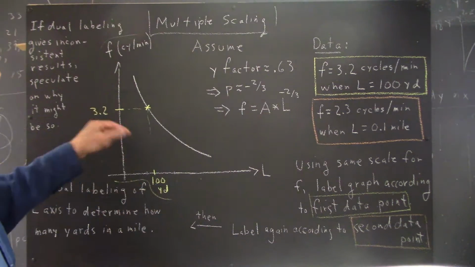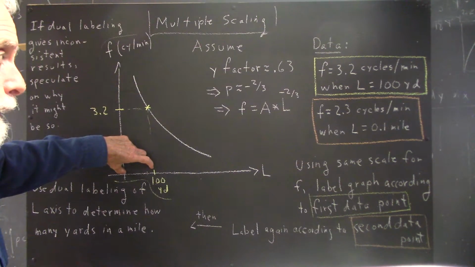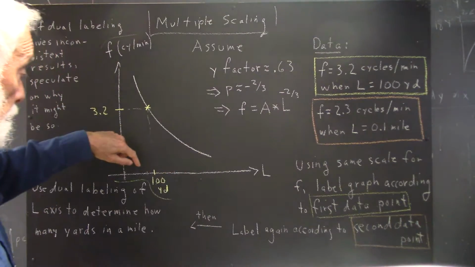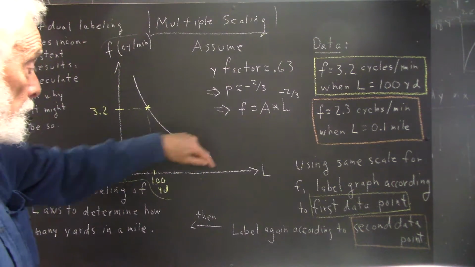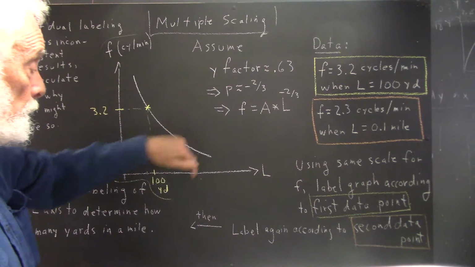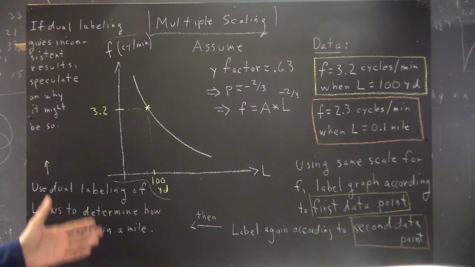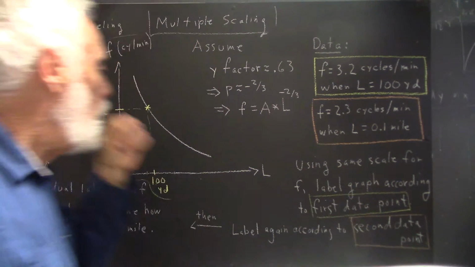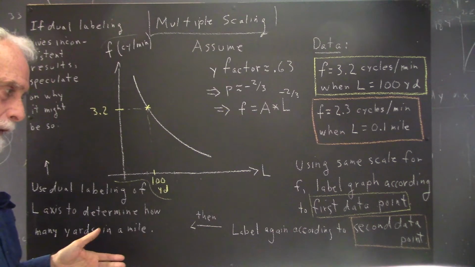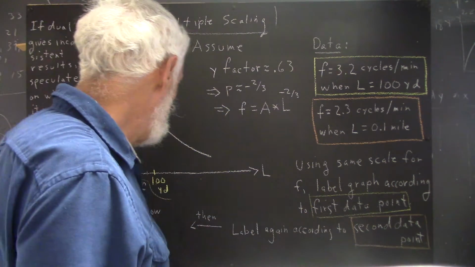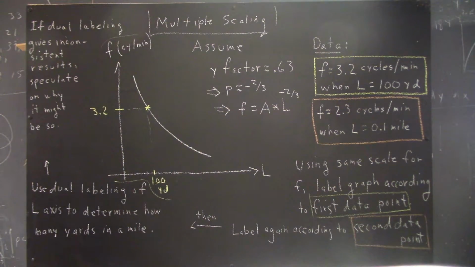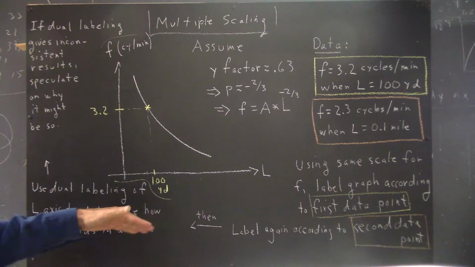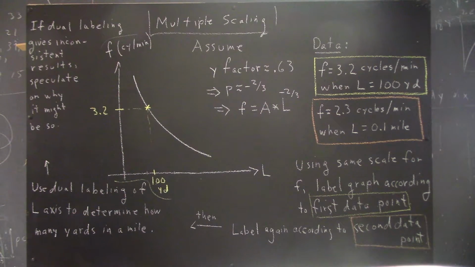So maybe we complete our labeling for the yellow data point, the first data point: 100 yards here, 200, 300, 50, 150, 250 yards. And then we do labeling for the second data point. And I'm not going to tell you how to do that. I'll do a subsequent video with hints, and we'll look at how that might be done. But for right now, I'm just going to give you the instructions, okay? So that's going to give us a dual labeling of the L-axis.